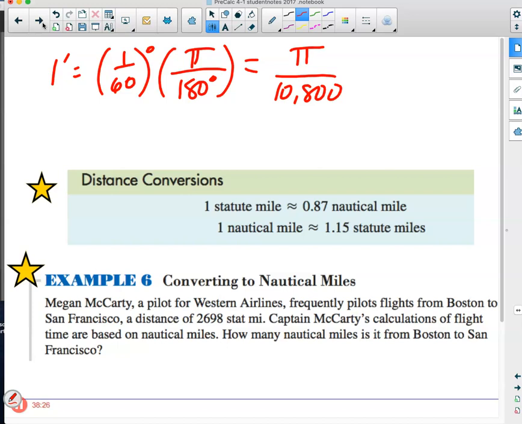So then I think, all right, well, if that's going to be a nautical mile, I need to know what the arc length is.